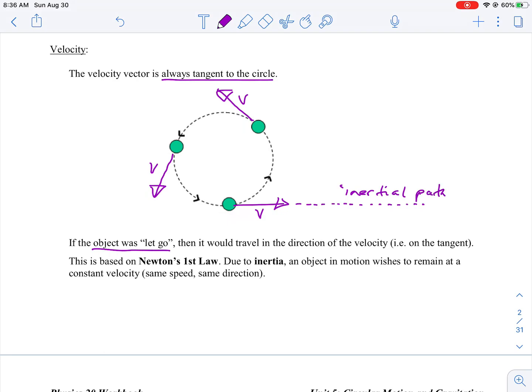Objects don't want to go in circles. They want to go in straight lines. So if you let it go, it will go on that straight-line path, at least initially. We call that the inertial path, and that is based on Newton's first law. Good, so that's speed and that's velocity.